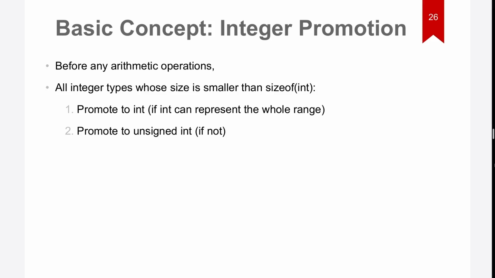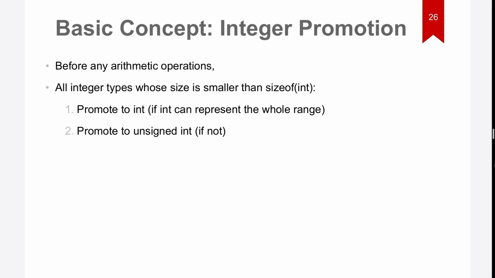So it promotes it to an integer, does the multiplication in integer, and then converts it to a character to assign it to the variable. If that type could not be represented in integer, it is promoted to an unsigned int.